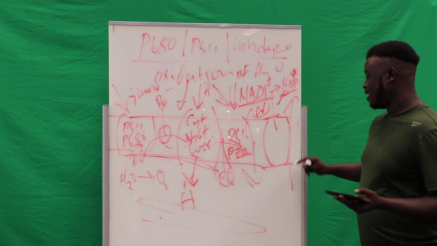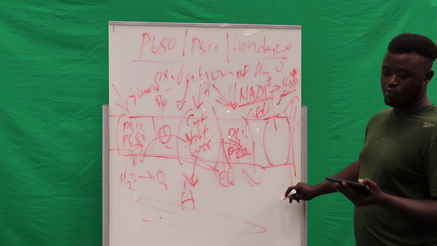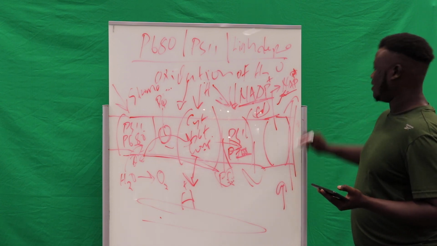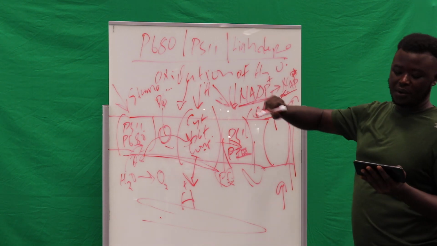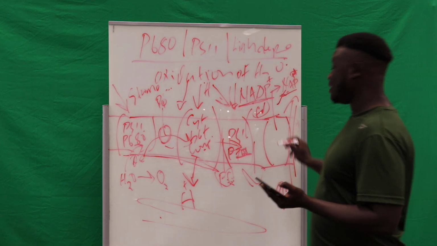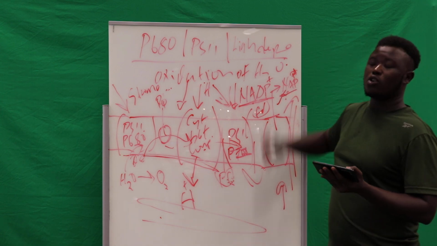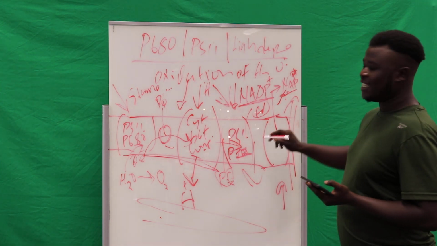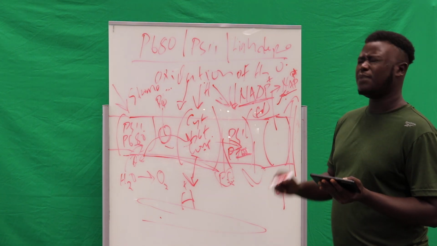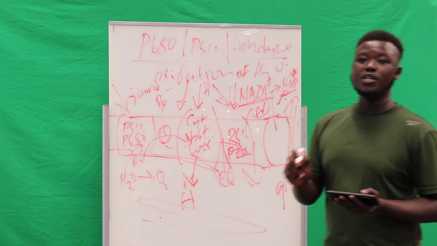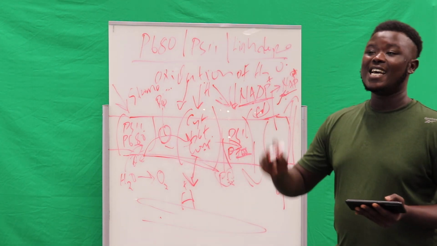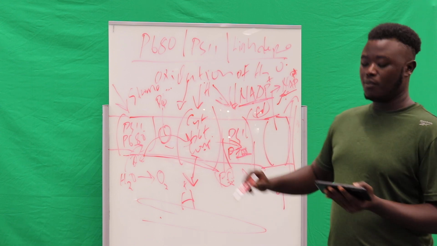ATP synthase is the structure that pushes hydrogen ions into the outer stroma. As ATP synthase pushes the hydrogen ions out because of the concentration gradient, ADP gains phosphate ions to form ATP.